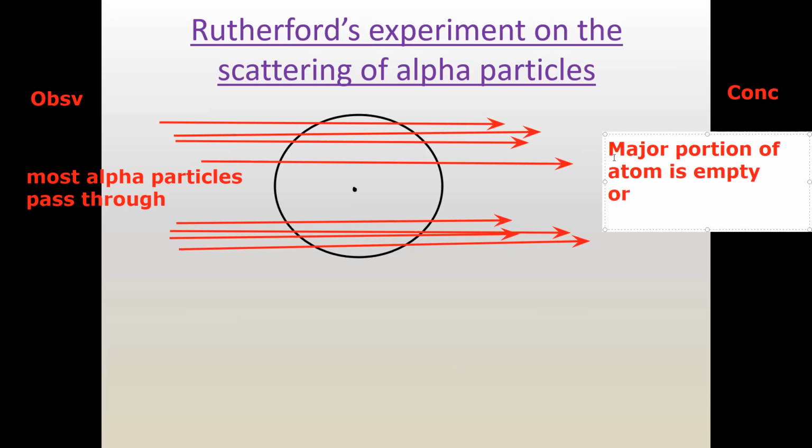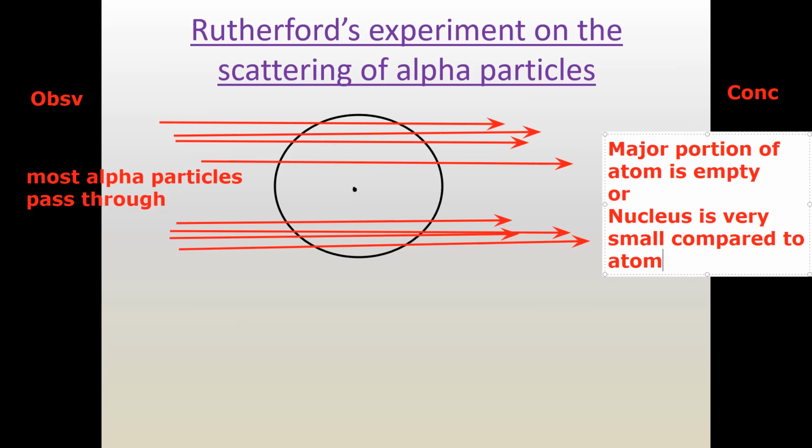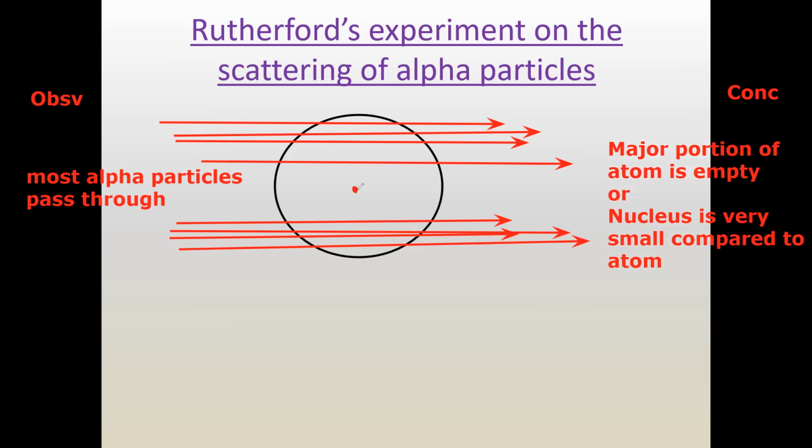or he said that the nucleus is very small compared to the atom. Like the central part of an atom, the nucleus is very small. Otherwise, if the nucleus was big, for example, if this nucleus was big enough, then it should be able to stop these alpha particles.